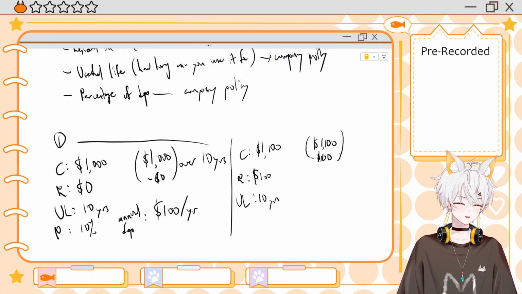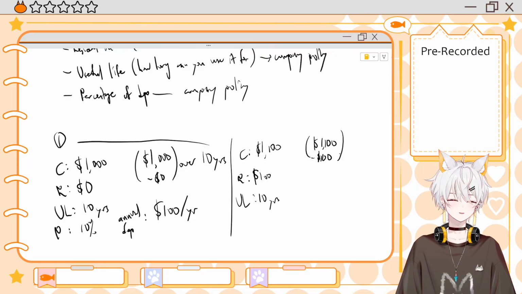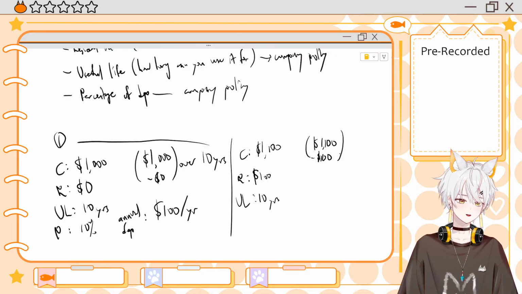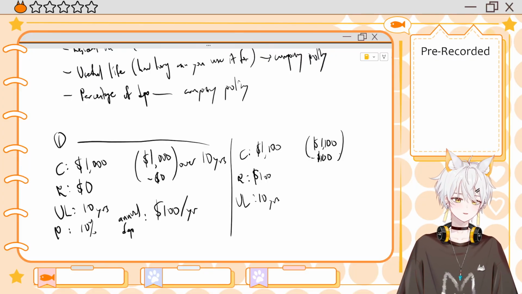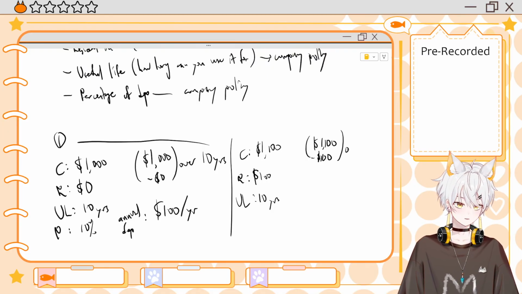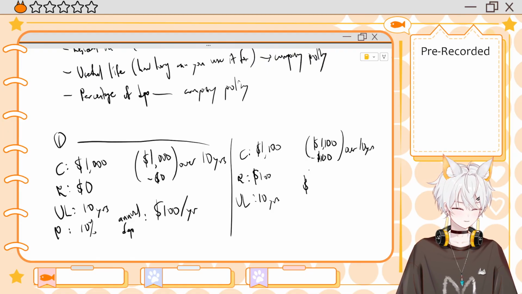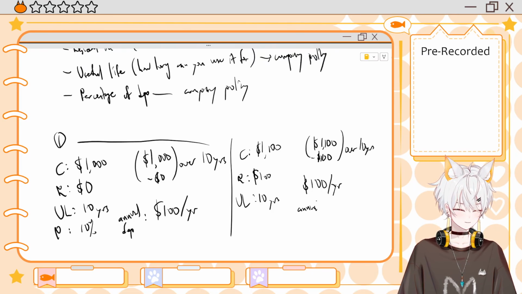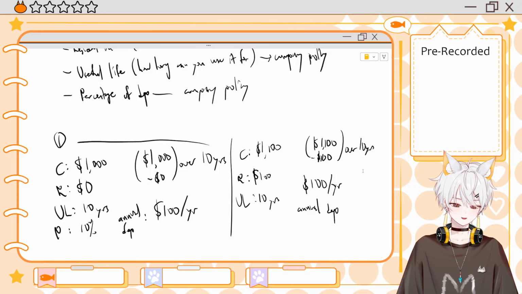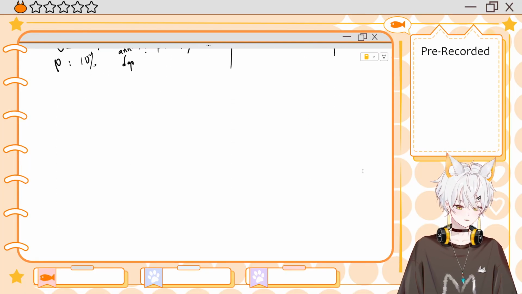Why? Because you could sell it for $100. So this $100 isn't wasted or expensed away. You could still recuperate $100 from this. So over 10 years, it's still the same number, $100 per year, and this is your annual depreciation.